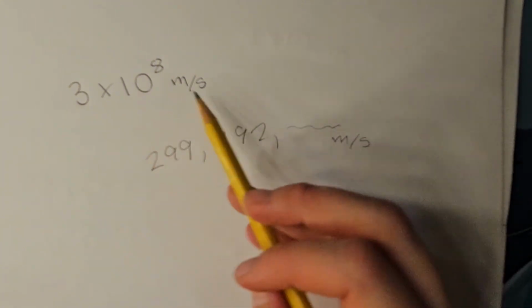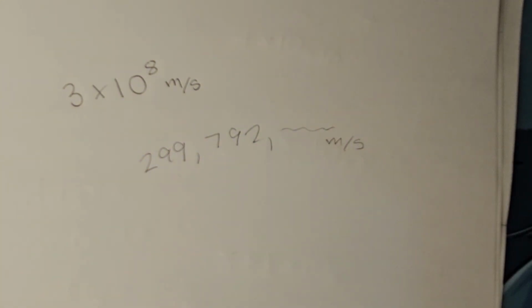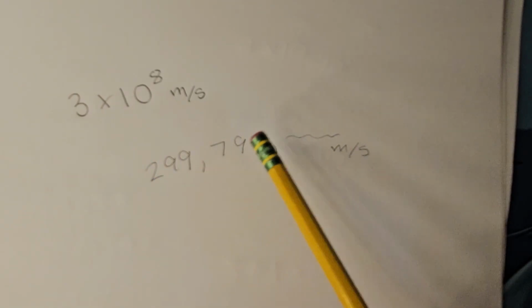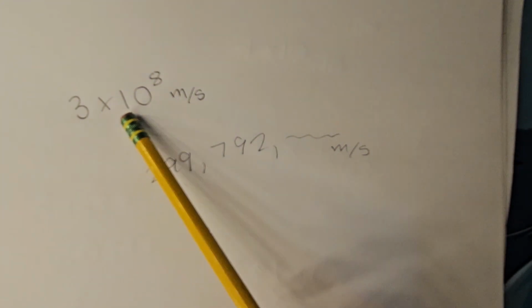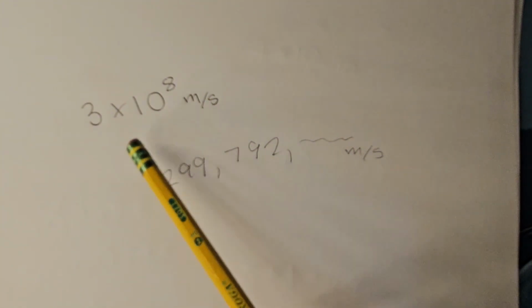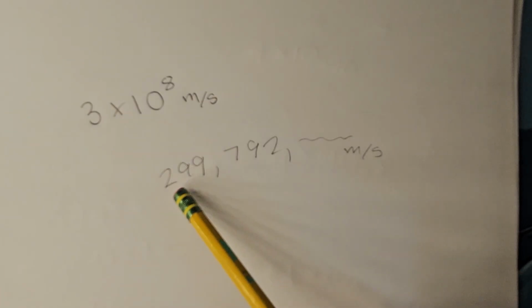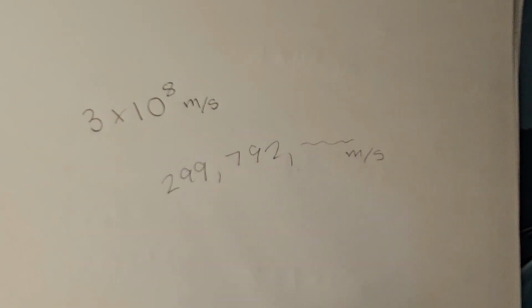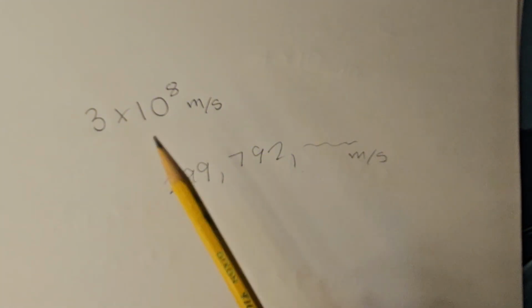If you're doing a calculation, like for example light energy, you're probably going to want to use this number versus this number, because this is so much easier to put in the calculator. It's also so much easier to remember, versus this part, which I cannot remember. It's cleaner, it's just overall better.